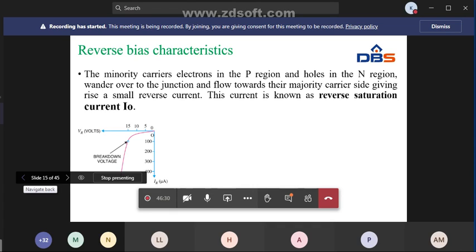Here the x-axis is reverse voltage and the y-axis is reverse current, which is in microamperes, very small.